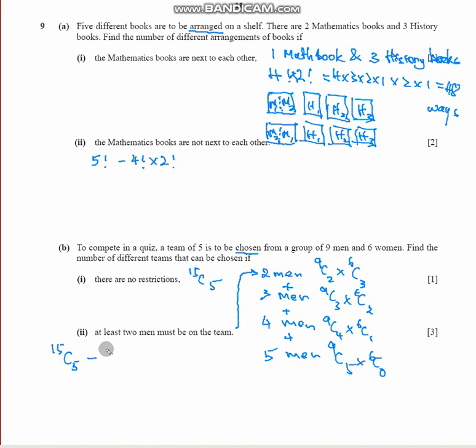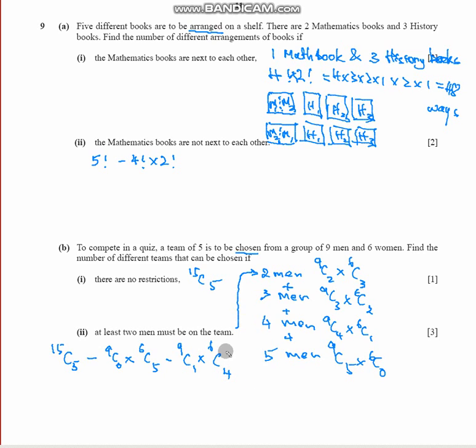So it's 9C0 times 6C5. That means all women. And then you also have the case whereby only one man is selected. So it's 9C1 times 6C4.